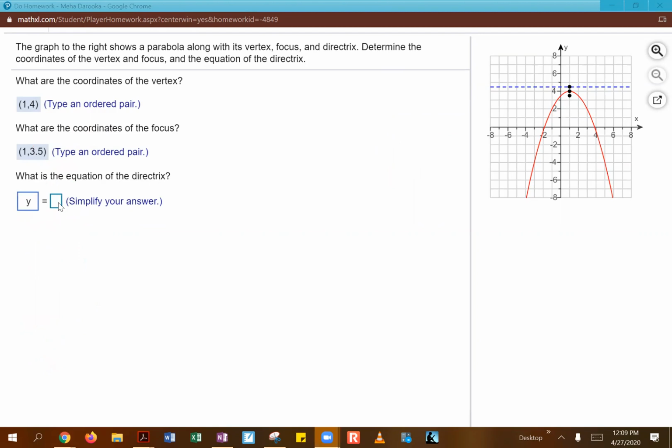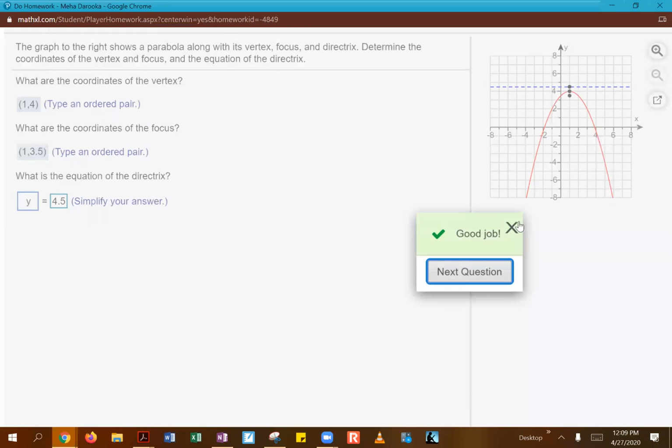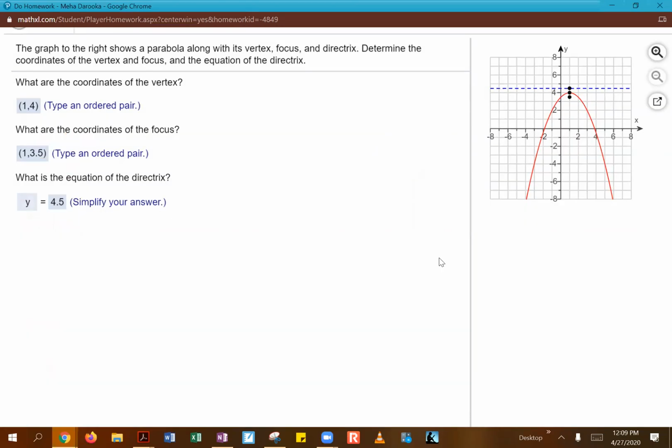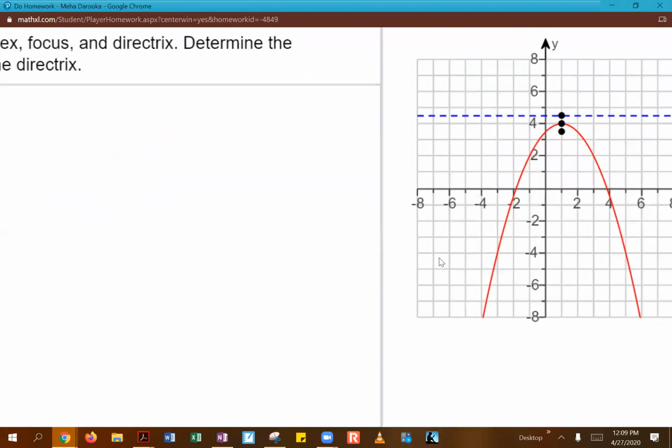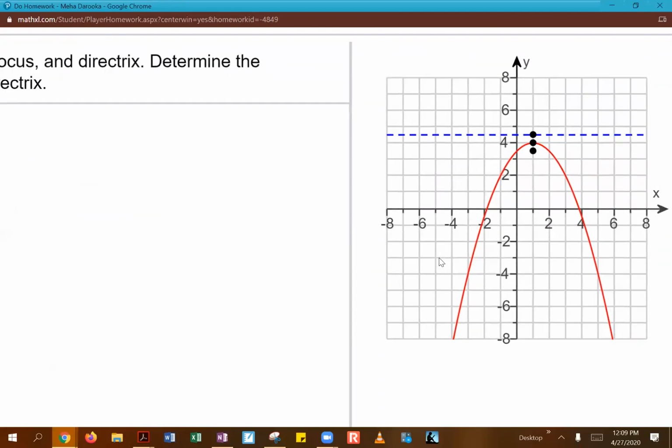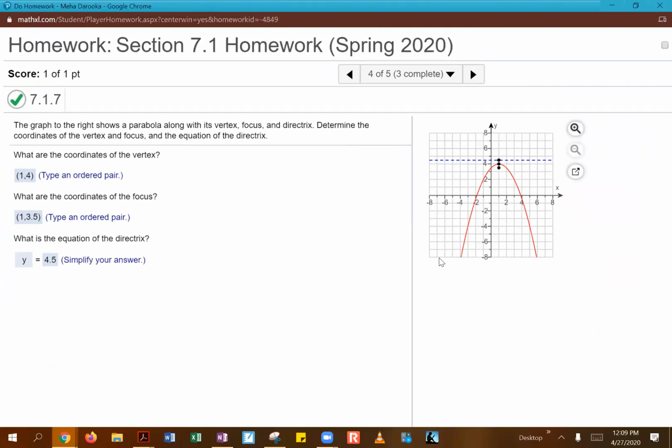Okay, y equals, so you will have to select the y variable there, and then this should be 4.5, and there you go. So that's all you really needed, Brittany. You don't need a calculation for this. You just have to figure out what those coordinates are and where your line is crossing the y-axis.